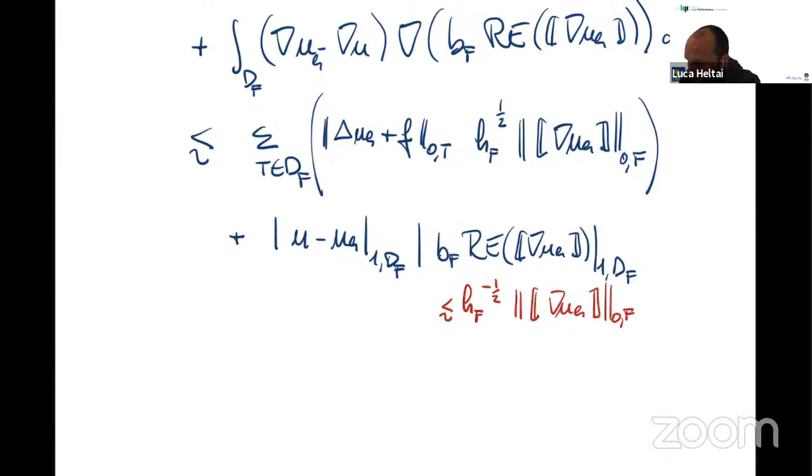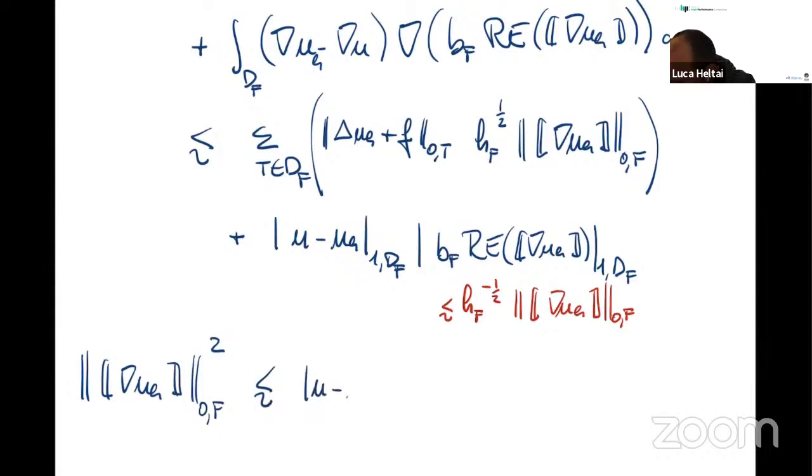Okay, so I'm left with, as before, the jump of the gradient of uh, 0f squared, controlled by two terms. One is the u minus uh norm, 1 df.